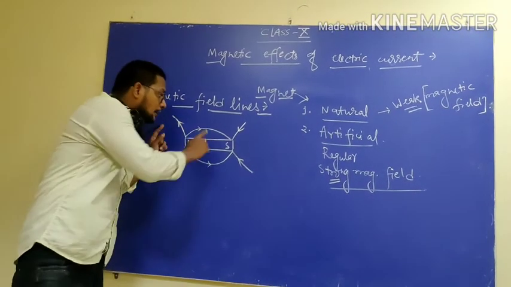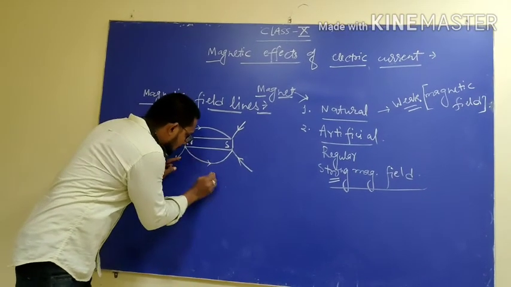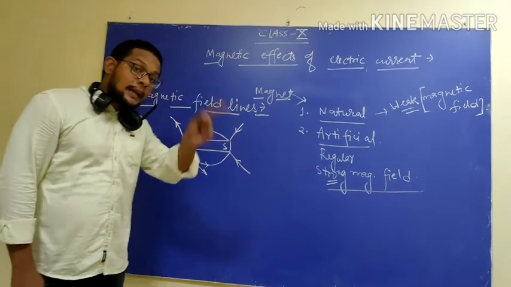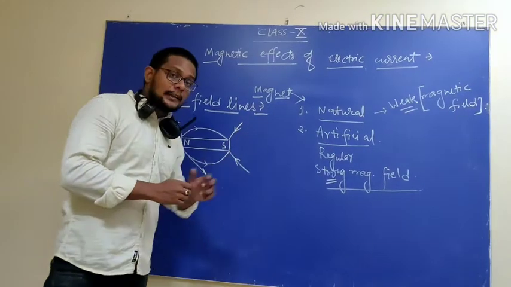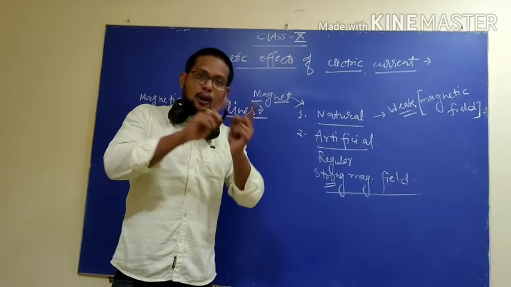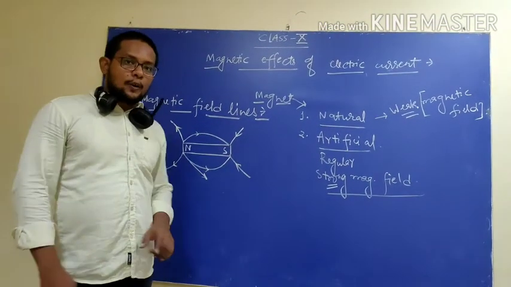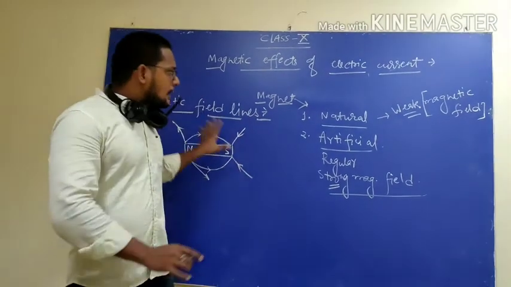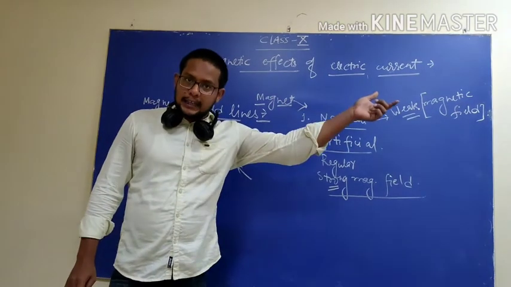So, if we draw a tangent at any point, it will give the direction of magnetic force at that point. So, what can you say about magnetic field lines? Magnetic field lines are imaginary lines, straight or curved, such that the tangent to it will give the direction of magnetic force at that point. Okay, my dear students, this was only the introductory part of magnetic effects of electric current.